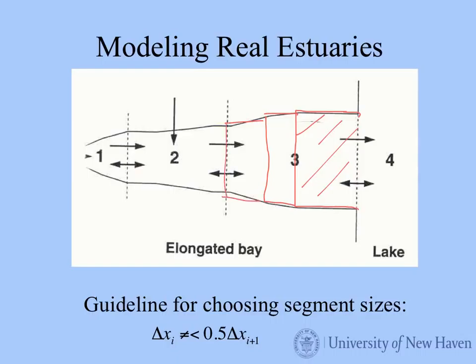One of the things you want to keep in mind in choosing your segment size is that it relates directly to the number of equations that are going to be solved, right? Because the transport equation then gets written for each and every one of the segments. One of the trade-offs with this is that you would need to have data for each of these segments.